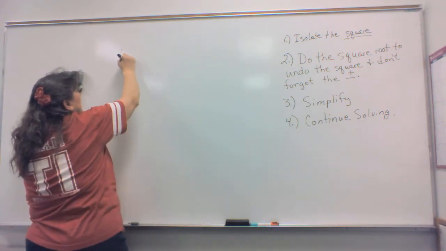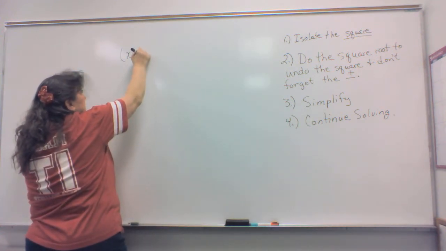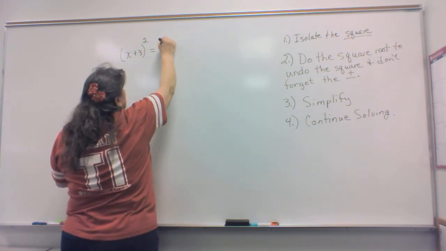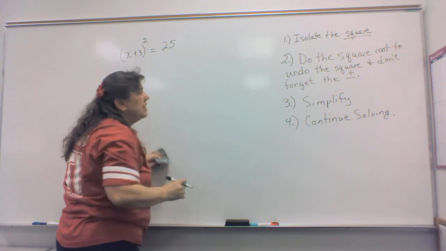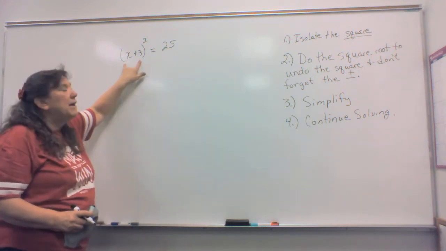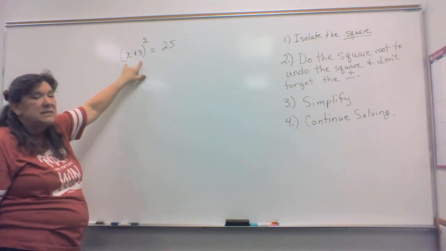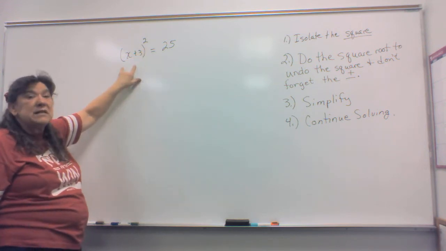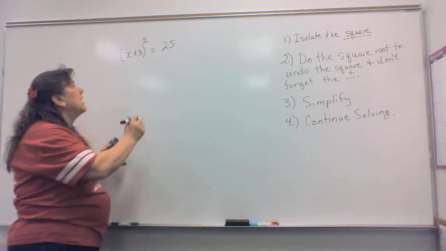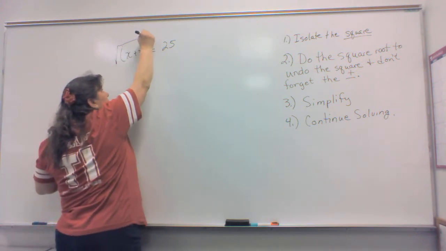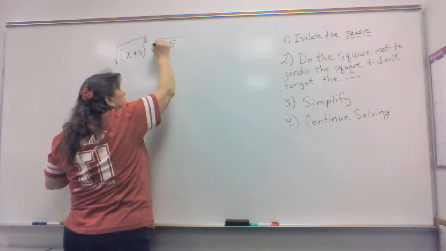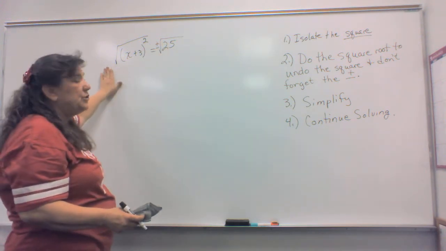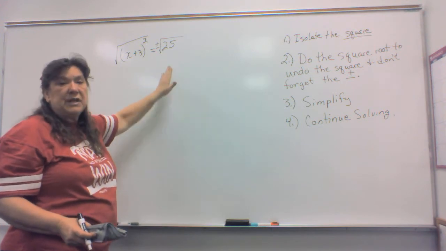Okay. x plus 3 squared equals 25. As you can see, my x plus 3 is inside my parentheses, so this whole thing is squared. So it is isolated. So that means I am going to undo my square by taking a square root of both sides. And remember, in all solving equations, whatever you do to one side, you have to do to the other side.